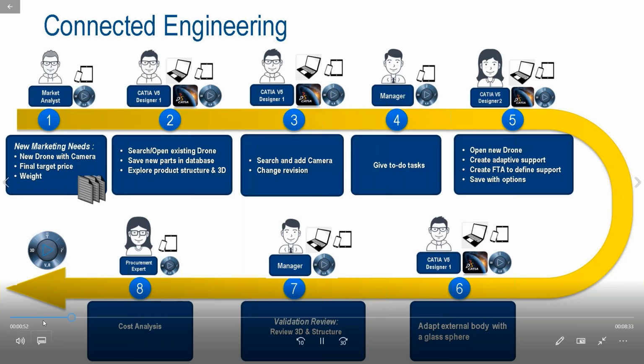There are 8 processes here. In step 1, we have the market analyst, then the CATIA V5 designer, and then the manager, and how they're collaborating with other stakeholders.